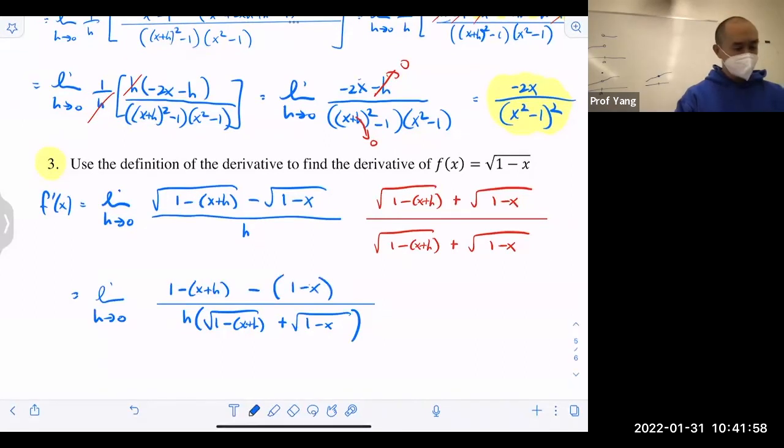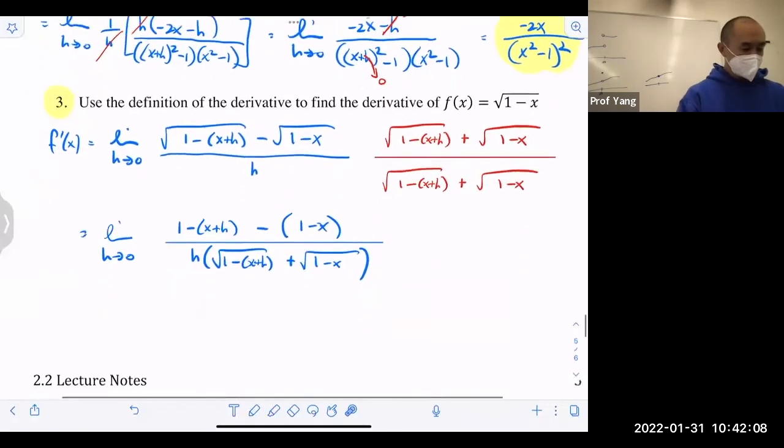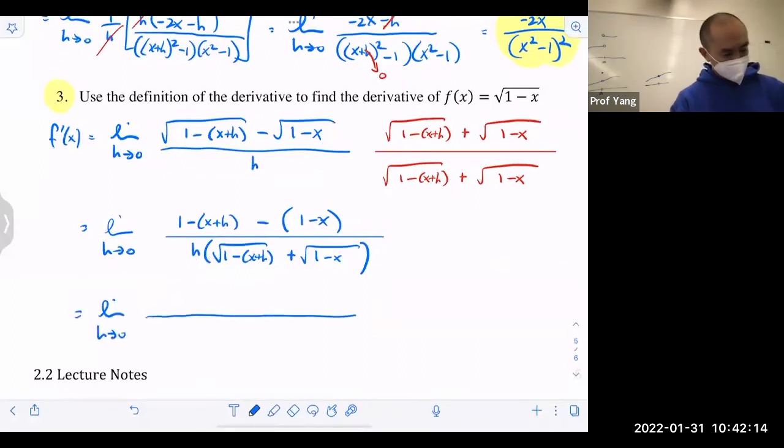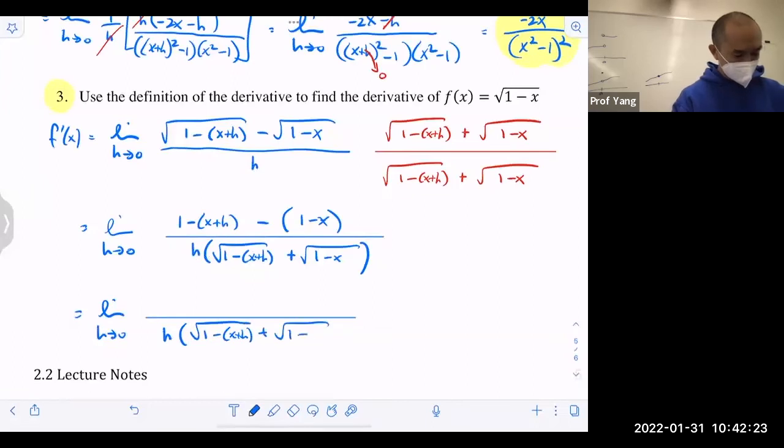So Catherine, this is as far as you got, I think. Right. And all I'm saying now is when you simplify this, you're going to be able to kill the h on the bottom. That's the whole point. So we look at this guy. This is going to be the limit as h goes to 0. You have an h there times square root of 1 minus x plus h plus square root of 1 minus x.